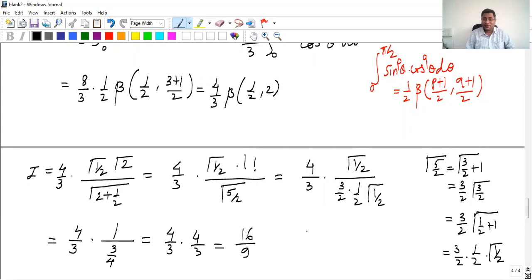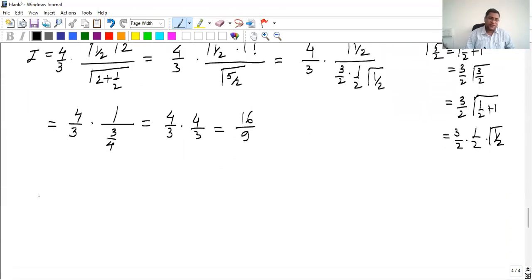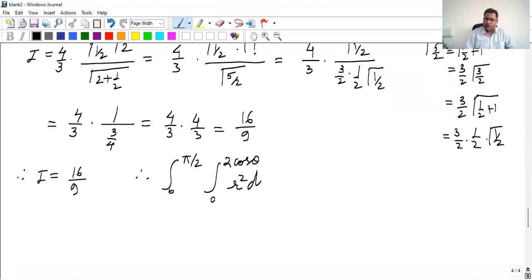Is that correct? Are you getting this? Yes. Okay, so we got the integral I equal to 16 by 9. What is the integral that we were solving? The integral 0 to pi by 2, 0 to 2 cos theta, r square dr d theta. This is 16 by 9.